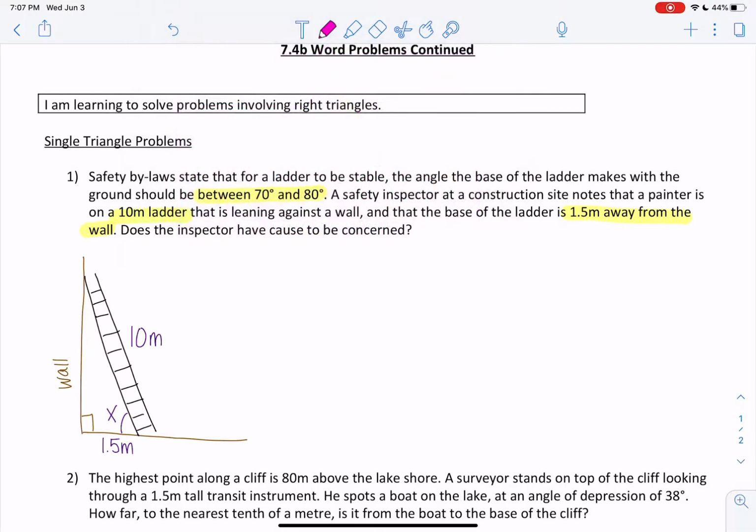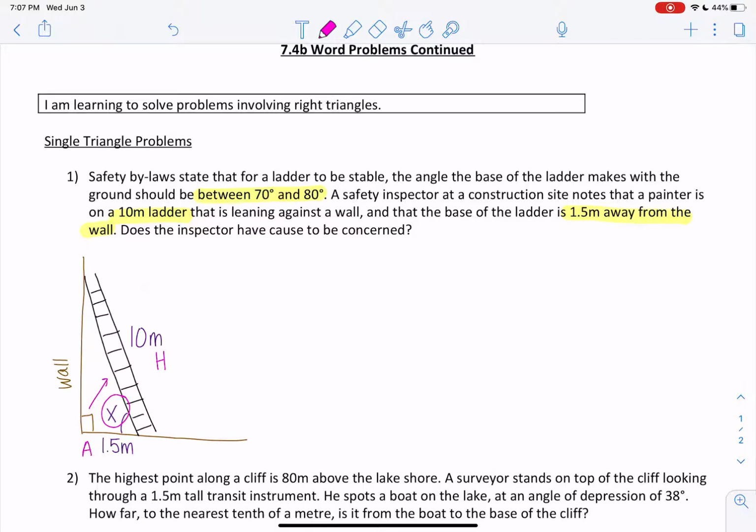So I'm going to start by circling the angle I'm looking for and labeling my triangle. So the side across from the right angle is my hypotenuse, and the side touching my angle is the adjacent side.